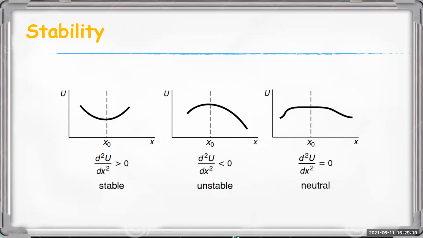Here are some potential energy curves representing the stable equilibrium, unstable equilibrium, and neutral equilibrium.